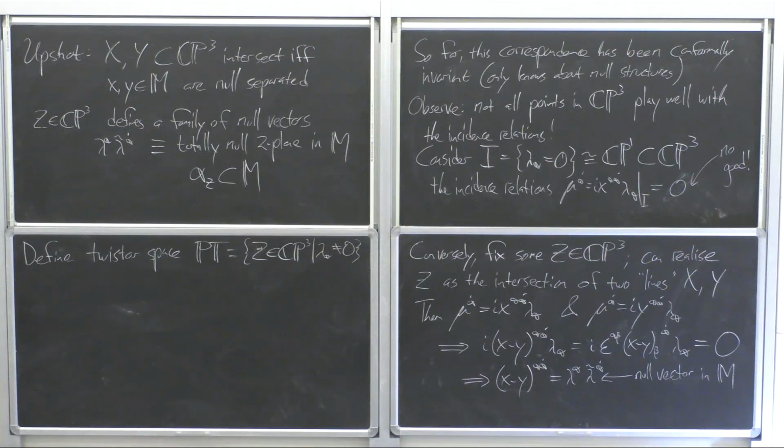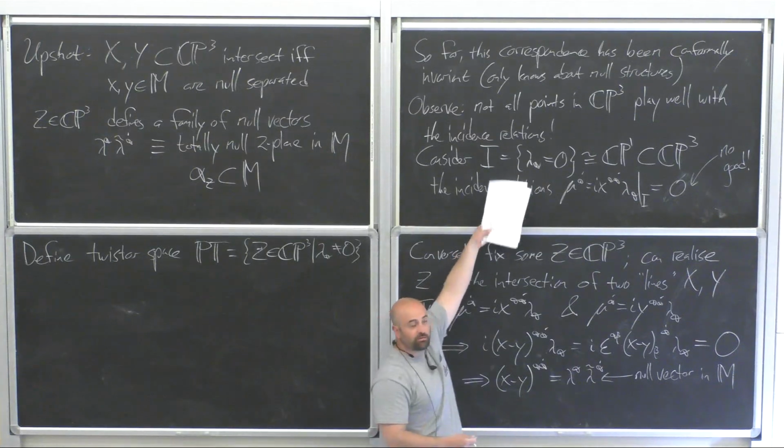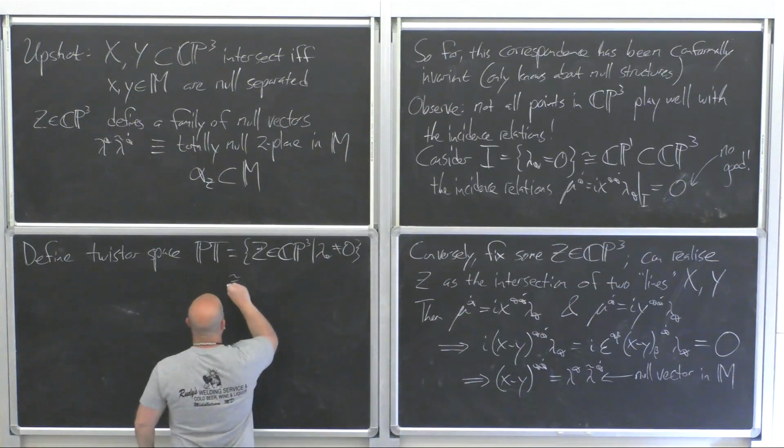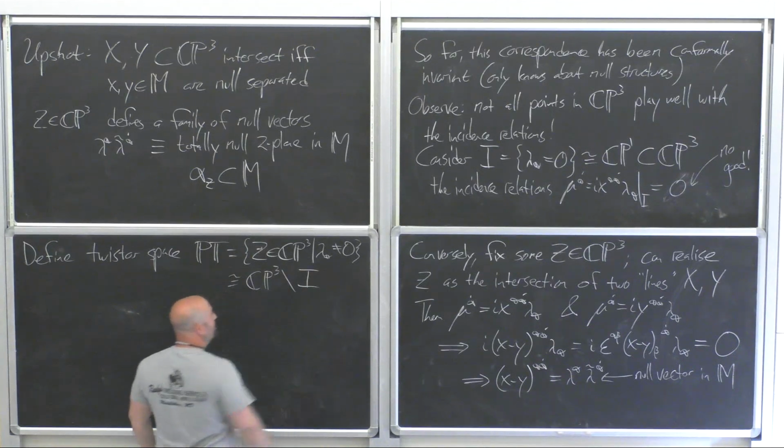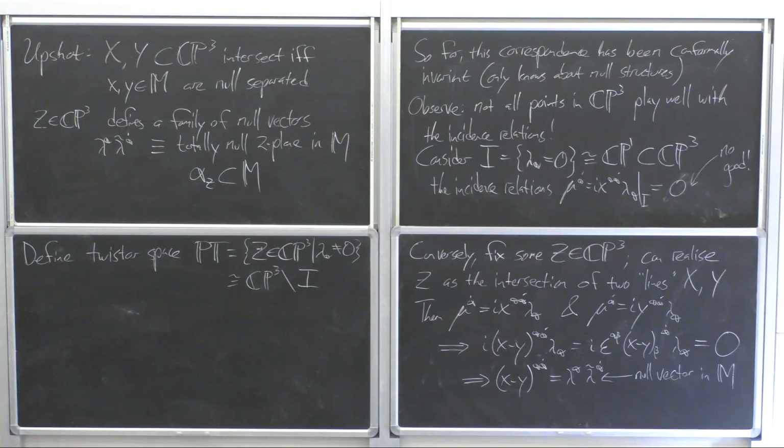Okay? So I've taken CP3, I've removed one CP1 from it. This one. So if you like, this is CP3 set minus this line I. So what I'm left with is an open subset of CP3.